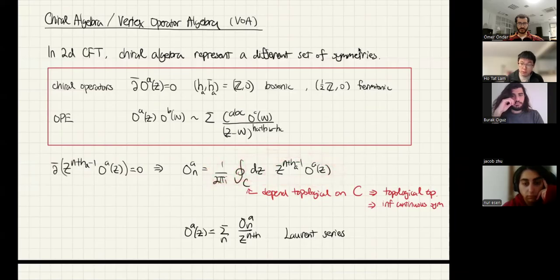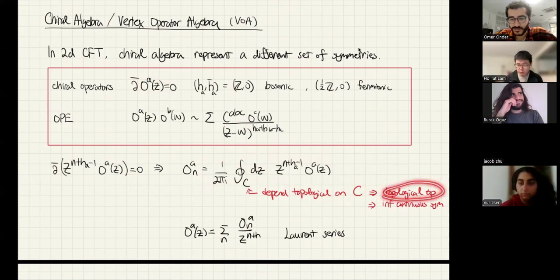These operators are line operators, and importantly, these line operators are topological. They depend topologically on C because what's inside is a holomorphic function. So if you give me chiral operators, I can raise them to any powers and define topological operators. Because there are infinitely many possible powers that I can insert, I basically get infinitely many continuous symmetries.